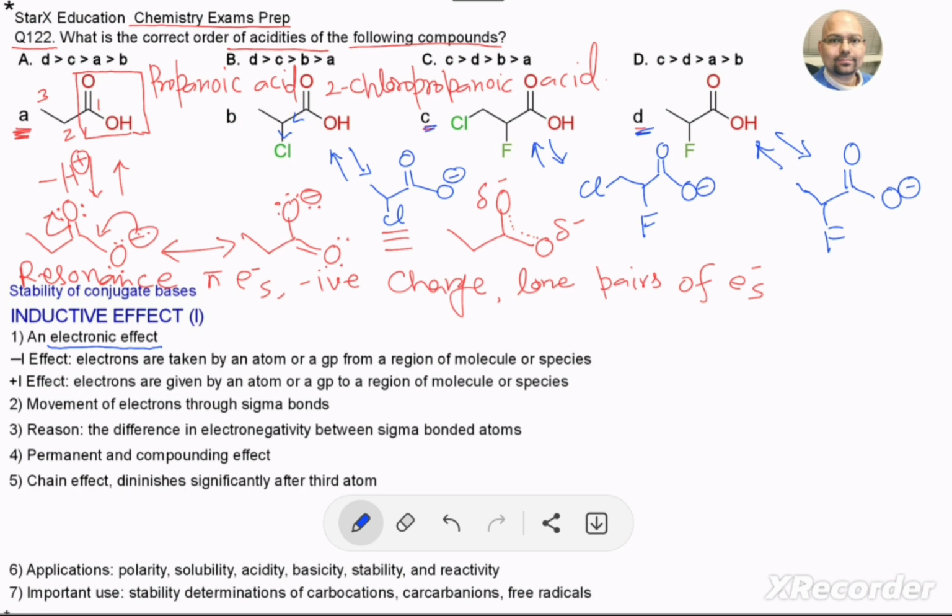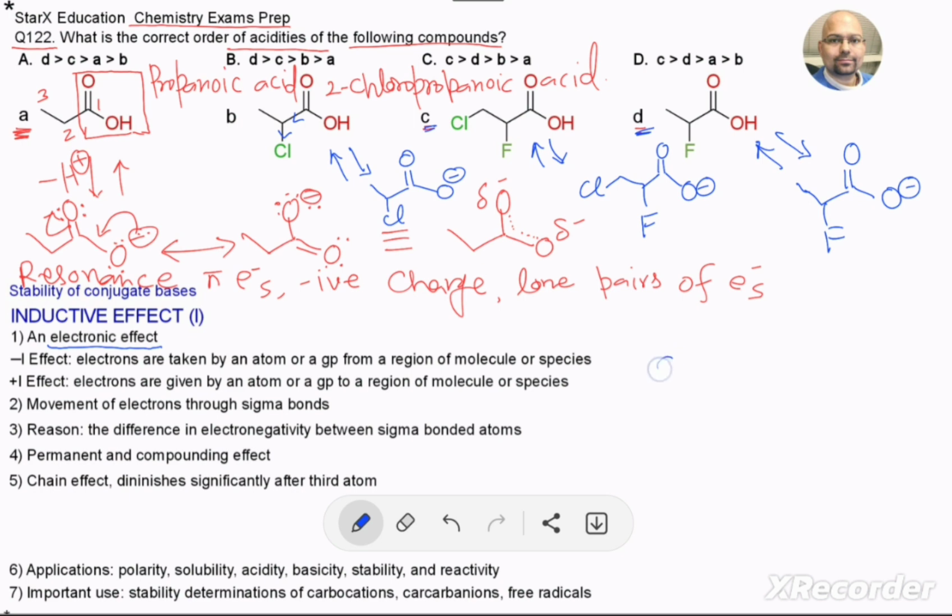The positive inductive effect is when a group or an atom gives electrons to a region of a molecule or species. One of the examples of positive inductive effect would be the stability of carbocations.